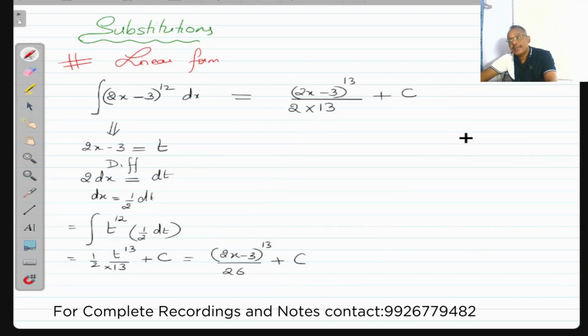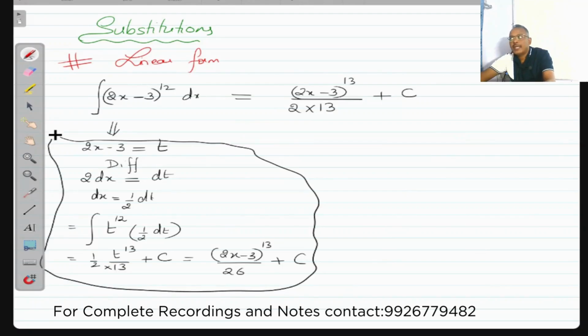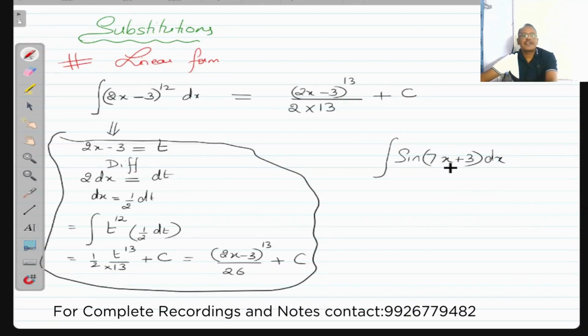क्यों डिवाइड करना है बेटा? बेटा बिहाइंड द कर्टन ये गेम खेला है. क्या खेला है? ये जो 2 जो कोएफिशिएंट ऑफ x था वो डिवाइड हो रहा था. Hereafter, if supposing you are asked to integrate sine of 7x plus 3, don't put 7x plus 3 as t.